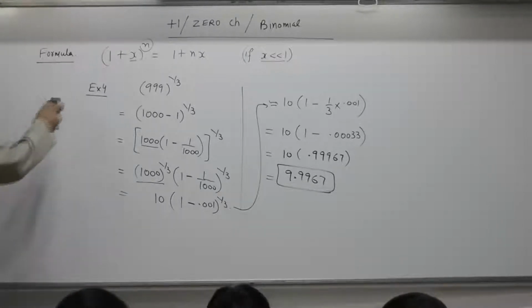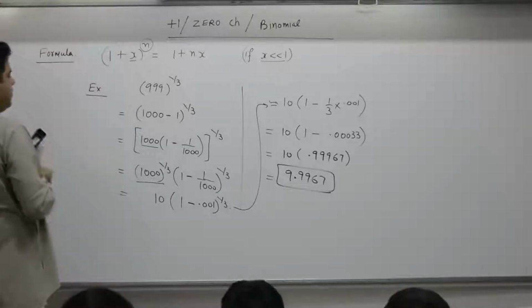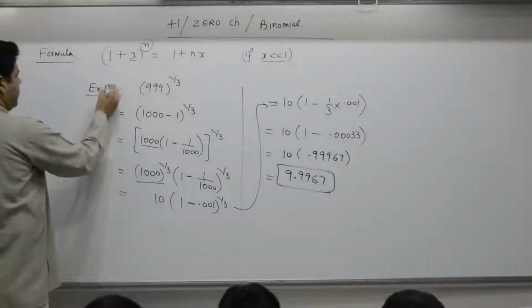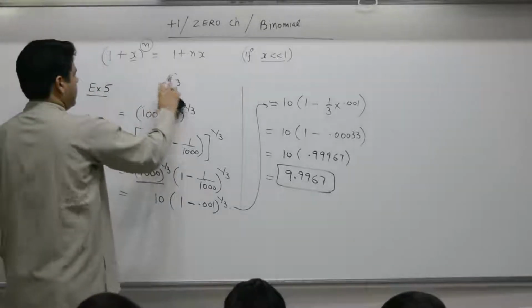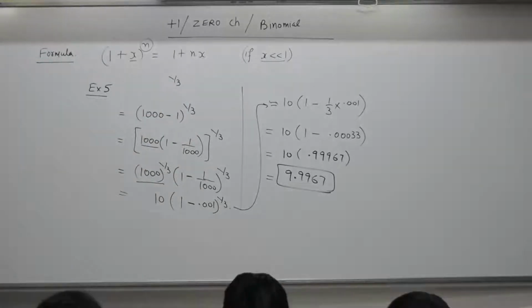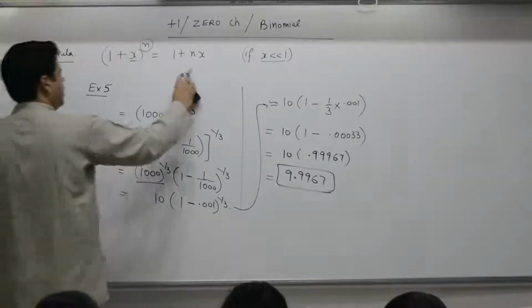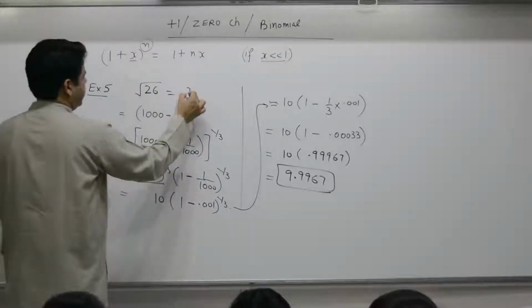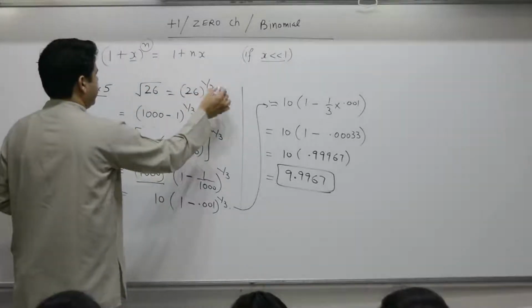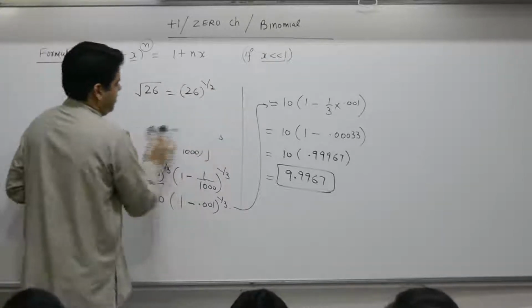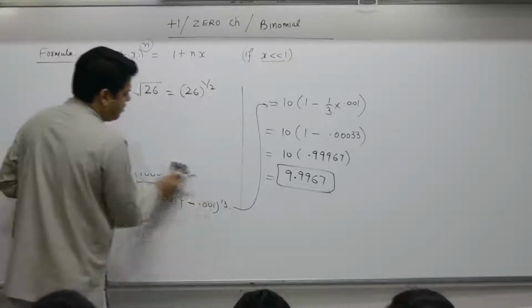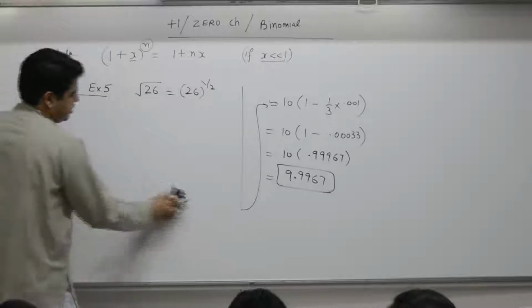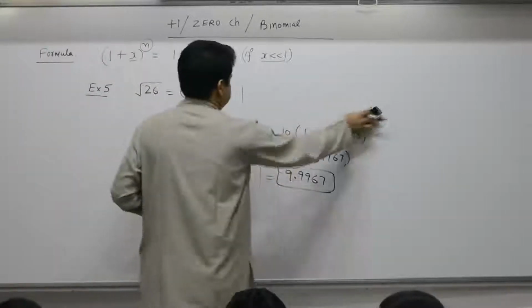Example number 5. Under root 26, 26 power 1 by 2. Approximate value, anyone? 5 point something, slightly more than 5. Solve it.